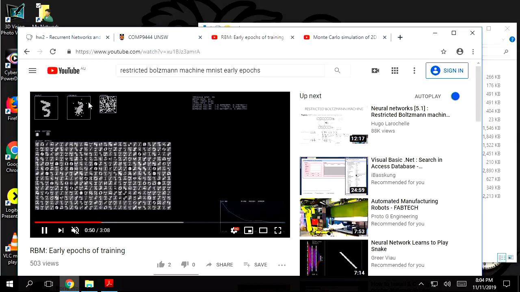As we get into a little more training, you first notice the hidden unit activations are more evenly distributed. A larger number of them are 1s, a more equal distribution of 1s and 0s. You also notice the reconstructed image is looking a little better.